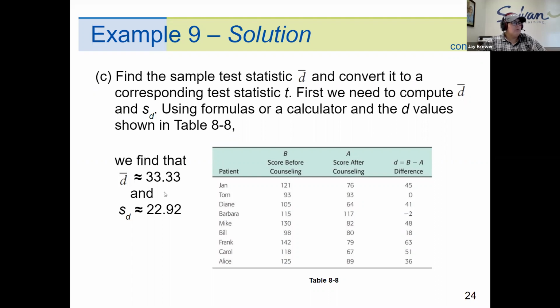We find that D bar is approximately 33.33, and S sub D is equal to 22.92. Again, however you choose to find it is completely up to you at this point, because you have been tested on it already. But if you're using technology, please either send me the file or a screenshot or something to show me that you didn't just pull it from somewhere, that you actually put in the effort.